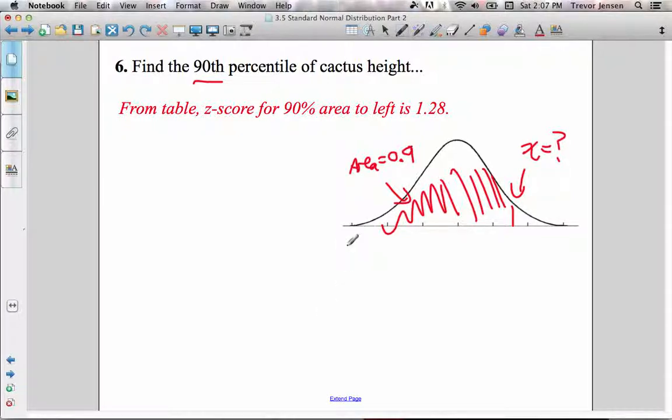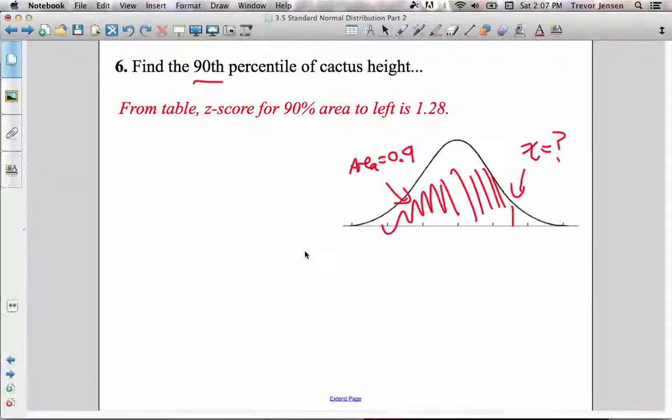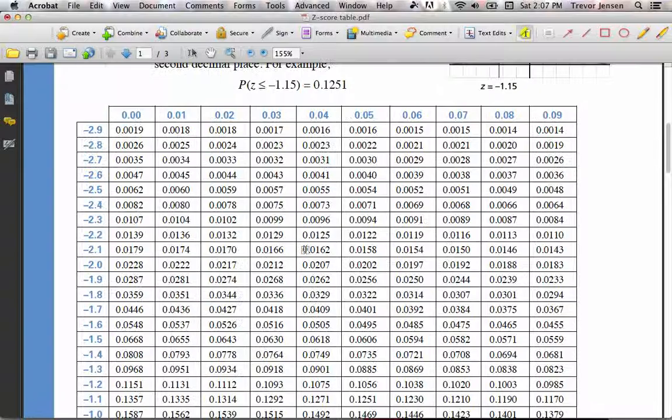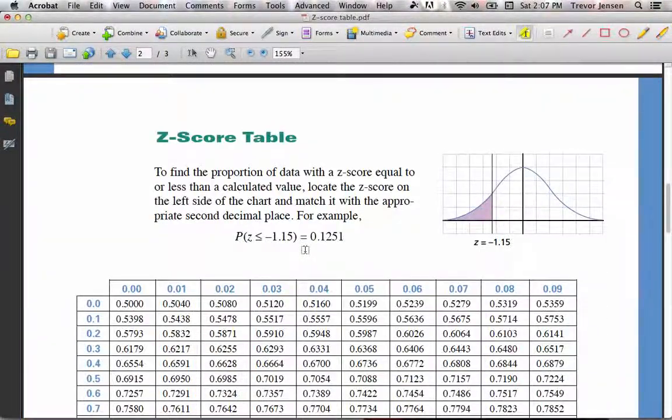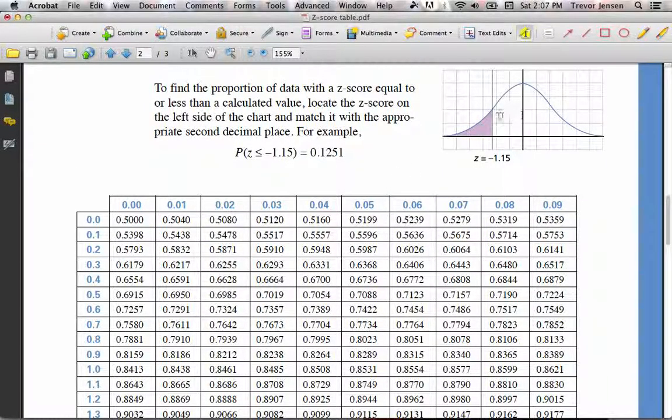Okay, so I now know the percentile. I know the area to the left. So if you want, you can go to your z-score table and look for where you might find 0.9. Look all throughout here, find a percent that's 0.9, because remember, on the z-score table, it always gives you the area to the left.